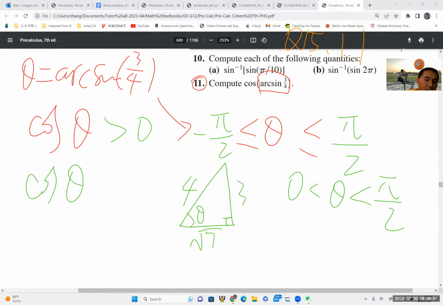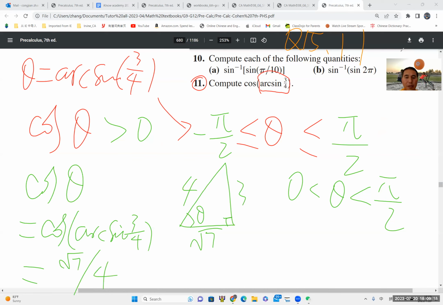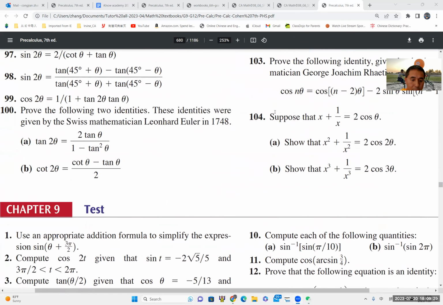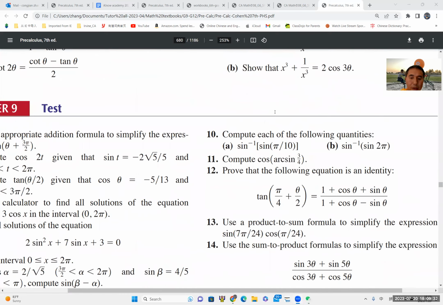Then we get cosine theta, which means cosine of arcsine 3/4 is equal to radical 7 over 4. Then we're done. We can even check the answer for chapter 9 test 11.